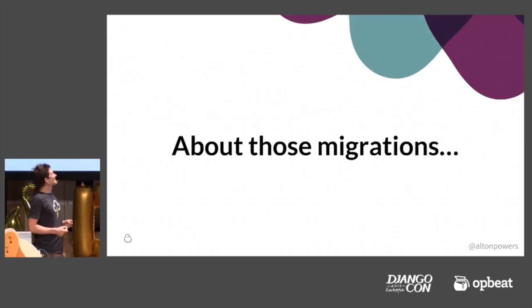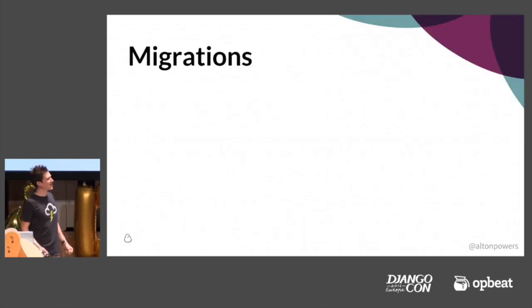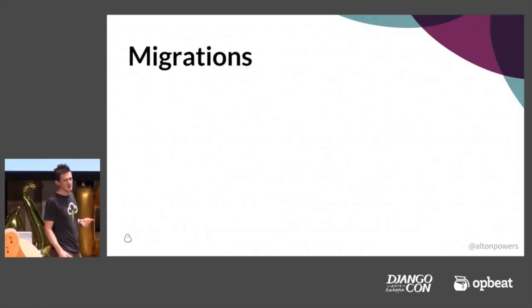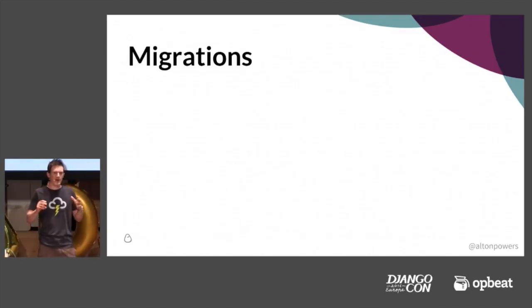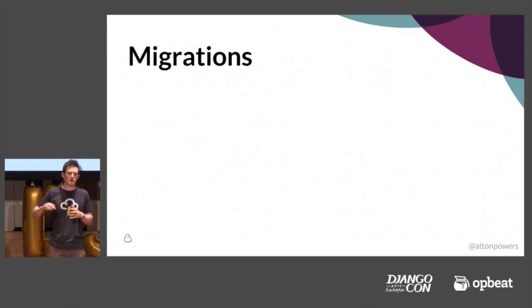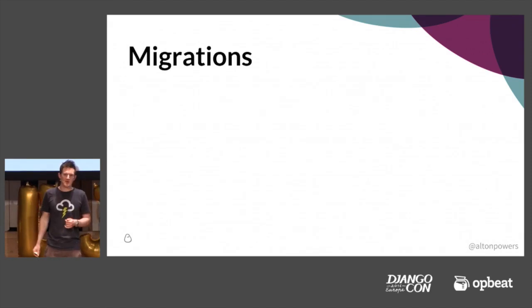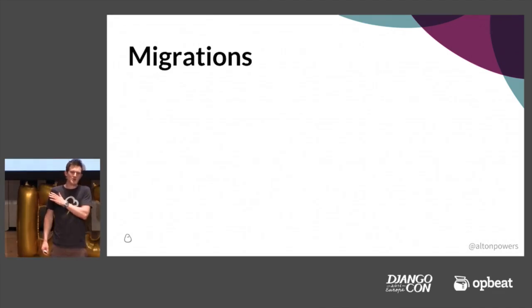Then we get on to migrations. The first thing to say is that we still need migrations, even though we have a schemaless database. That means that you can have a model, you can have your code already deployed, and you've already got objects in your database for this model. You can then add a new model field, and you can deploy that code, and it will just work.